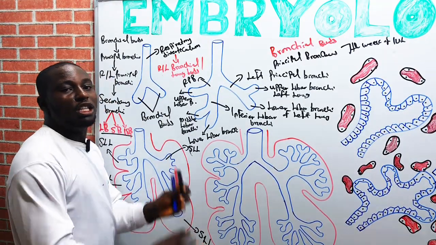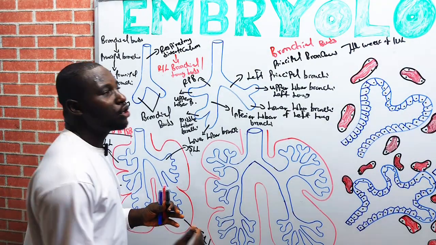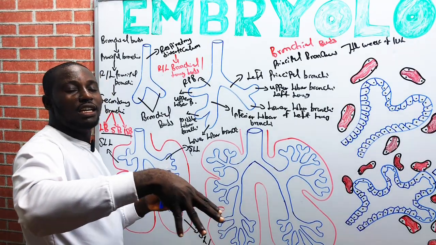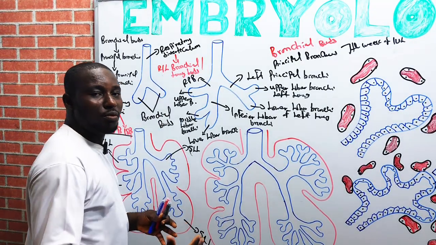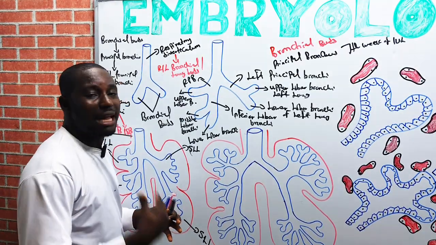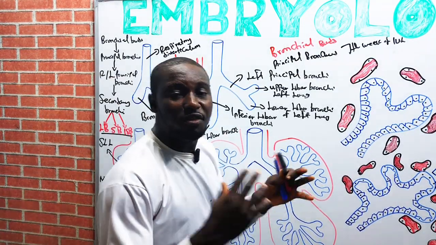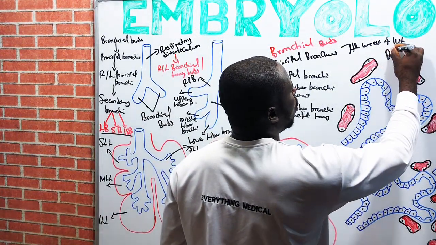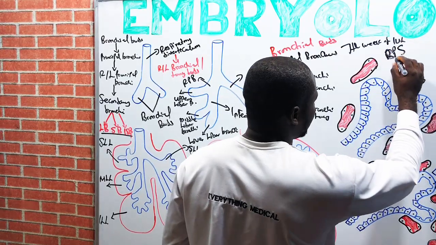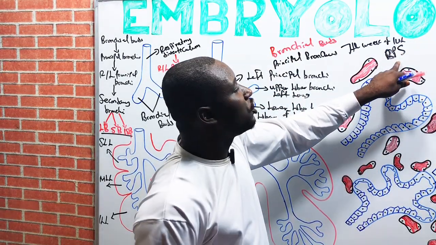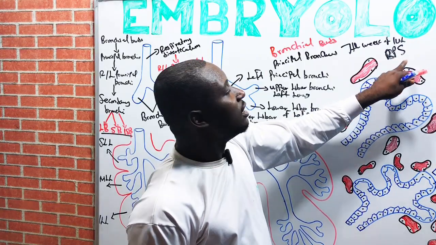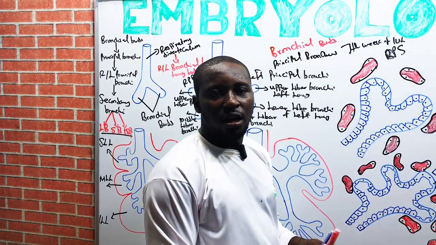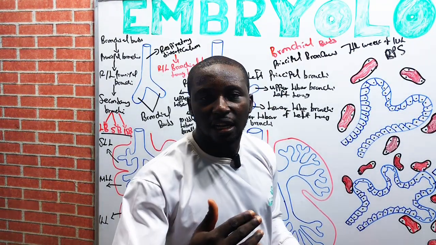Now, there are various divisions of the bronchopulmonary segment, BPS. The divisions and subdivisions of this structure form the distal part of the bronchial tree.